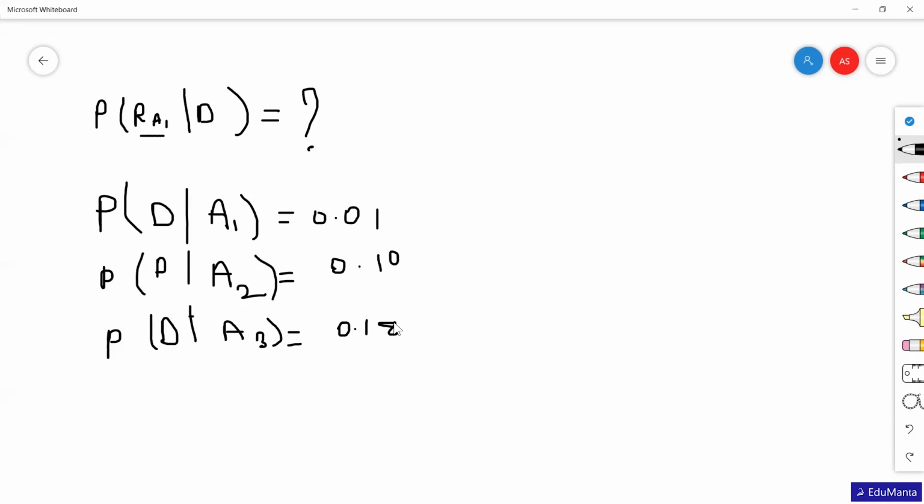What we actually need to find is the opposite of this part. We need to find the opposite of the first part, that is the probability of being A1 from the pool of defaulters.